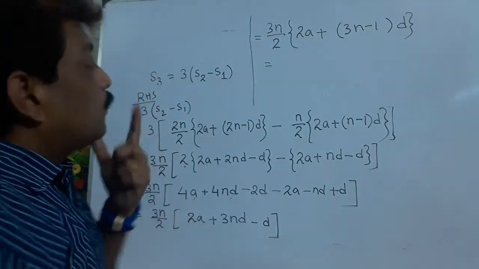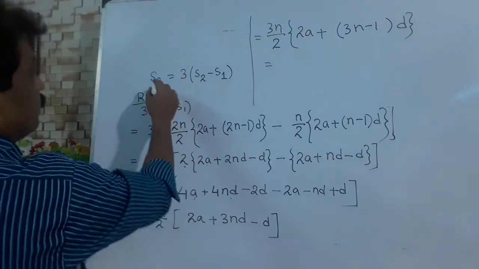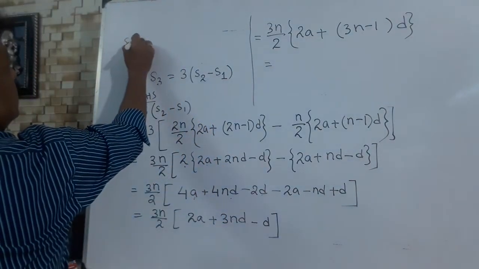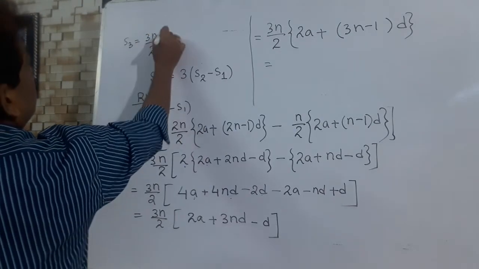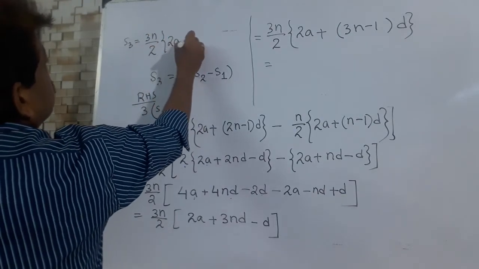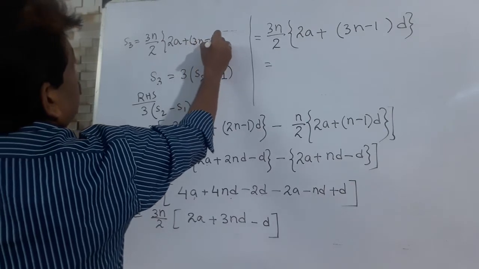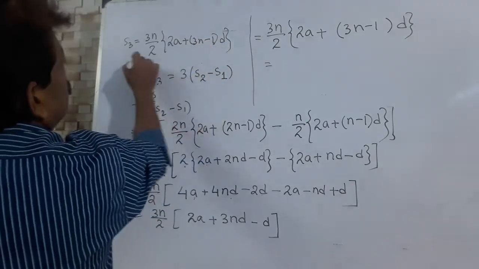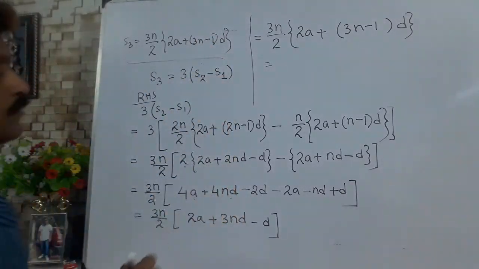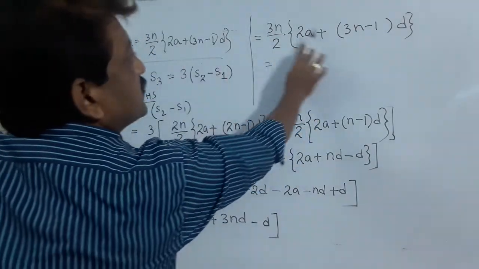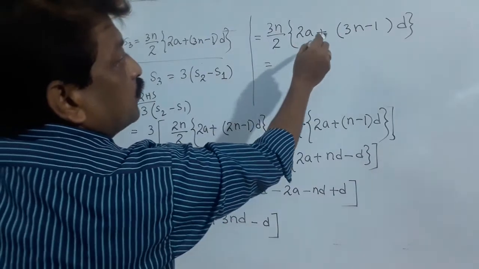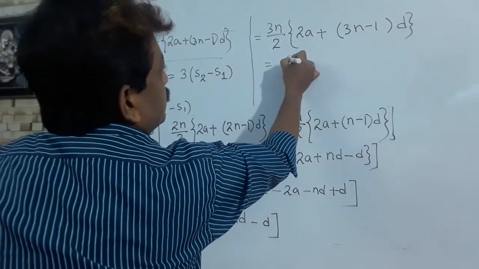Now remember what we have got as the value of S3. S3 was the sum of the first 3n terms. So S3 was 3n upon 2, 2a plus 3n minus 1 multiplied with d. This was S3. Check this value. Both are the same thing, in other words I can say that this is S3.